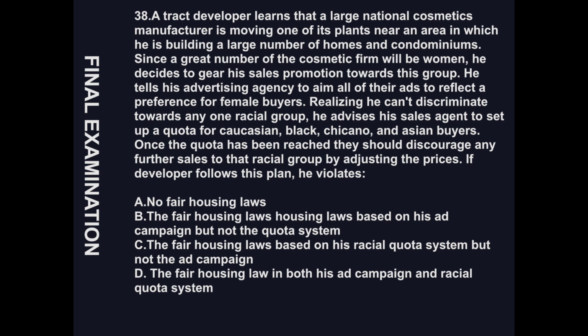Realizing he can't discriminate towards any one racial group, he advises his sales agent to set up a quota for Caucasian, Black, Chicano, and Asian buyers. Once the quota has been reached, they should discourage any further sales to that racial group by adjusting the prices. If the developer follows this plan, he violates the fair housing law in both his ad campaign and racial quota system.